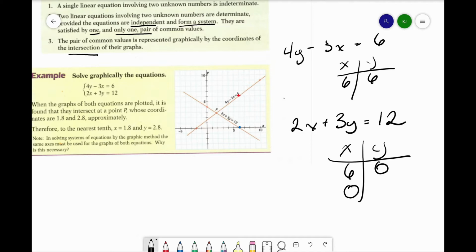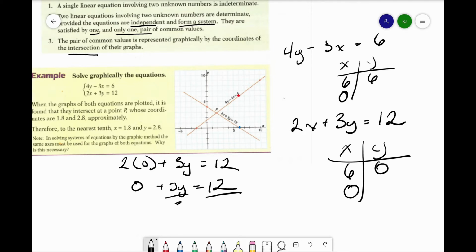And in the same way here, if x equals 0, what does y equal? So 2 times 0 plus 3y equals 12. That's going to be just 0, which means we can go ahead and divide both sides by 3 and end up with 4.